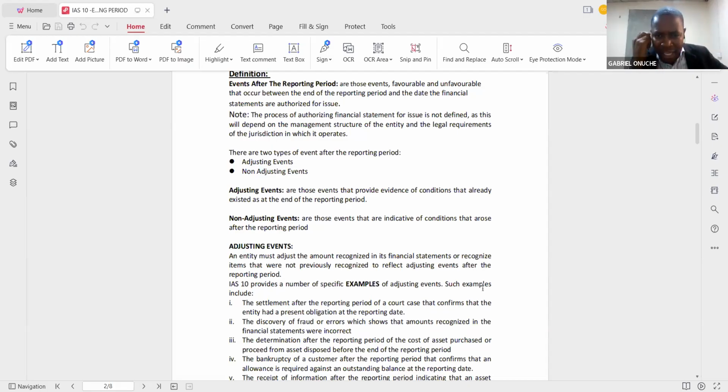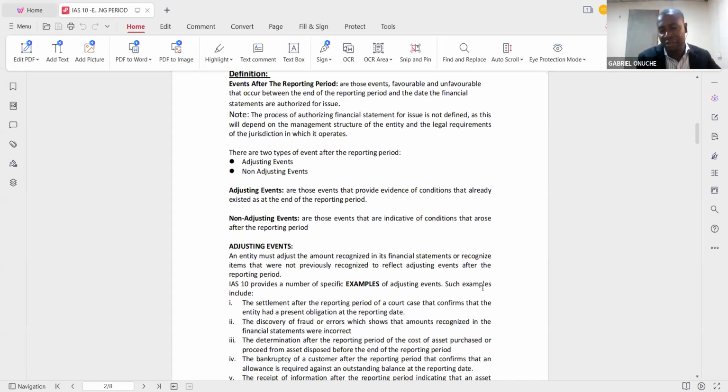Adjusting events are events that provide evidence of conditions that already existed at the end of the reporting period. I will explain this. What this means is that the event occurs after the reporting period, right? But the evidence has already given an indication.